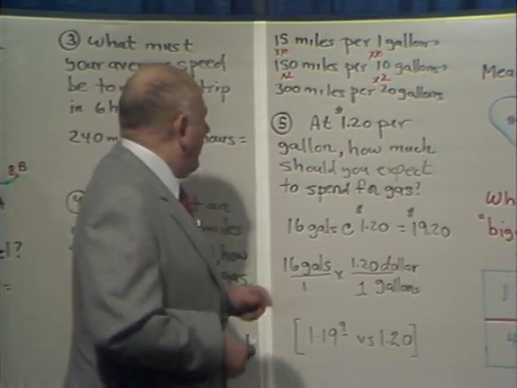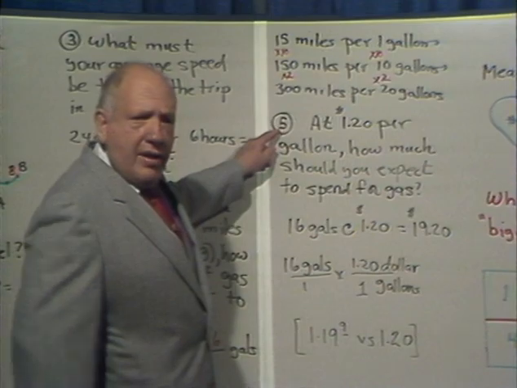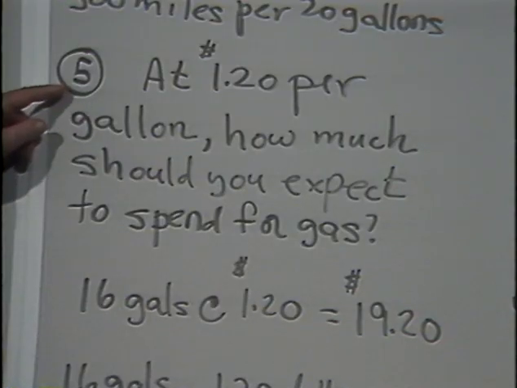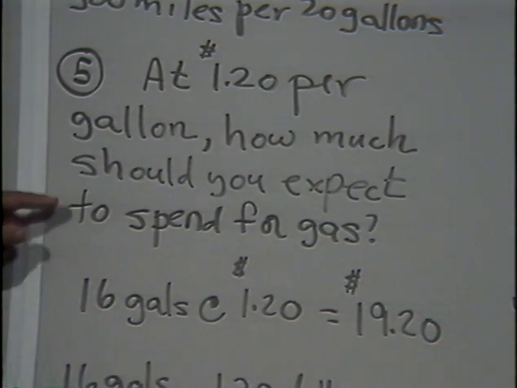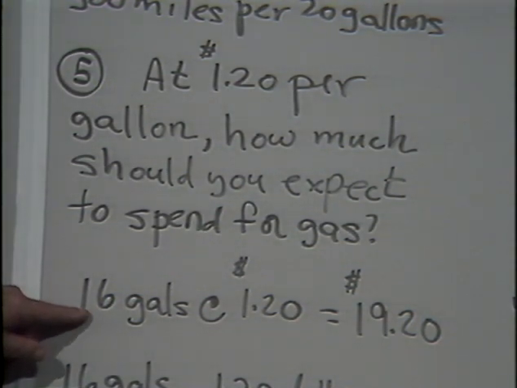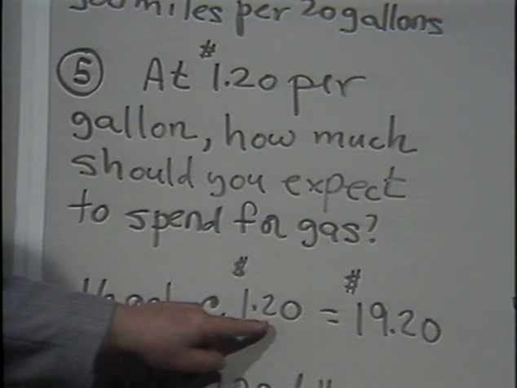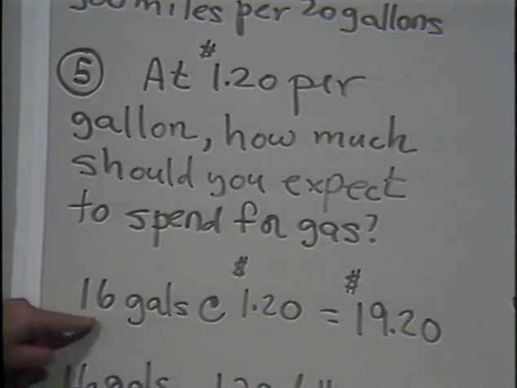But at any rate, getting back to our sequence of problems, the next problem says at $1.20 per gallon, how much should you expect to spend for gas? Well, you know you're going to need 16 gallons. At $1.20 a gallon, you're going to be spending $1.20 16 times. That's $19.20.